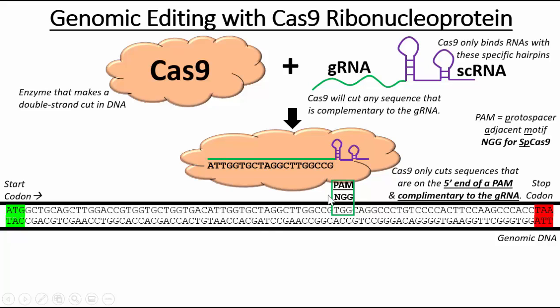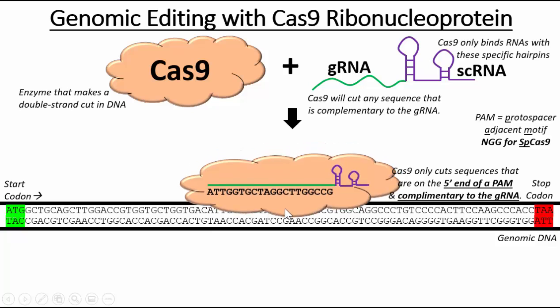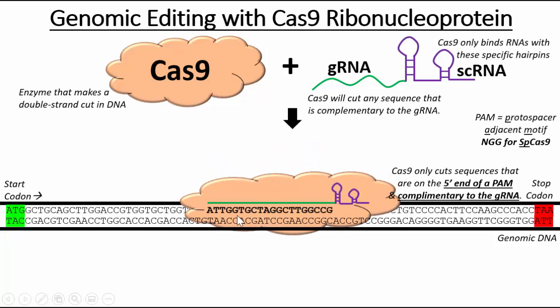So now I have a guide RNA that will direct Cas9 to cut that specific location. So you can see there I've got my requirement in that there's a PAM right here on the 3' end of this gRNA. And I've got 100% complementarity in my guide RNA right there.